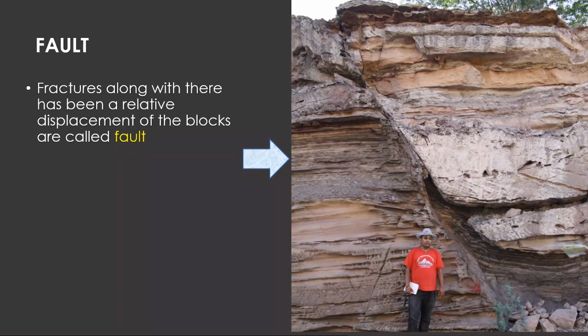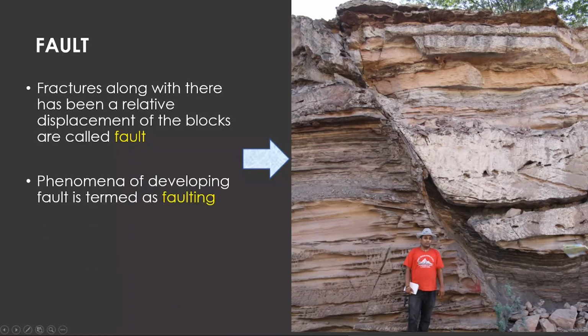Along that plane, the rock has cut or broken, and it has a movement. That structure we see on the rocks, we call a fault, and the process of forming this fault in the rocks, we call the faulting process. This is an image from near Buch city, where along the road cutting you can see this kind of faulting structures.